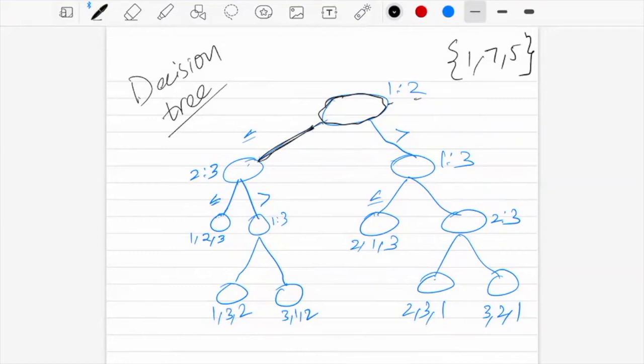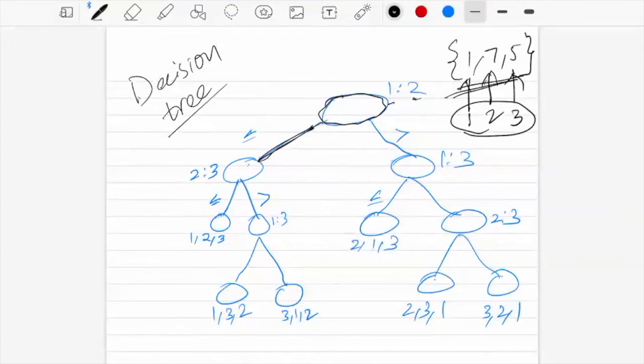For example, I have taken an example array 1, 7, 5. I'll take these as index 1, index 2, and index 3, which I have labeled here as 1, 2, 3; everything I'm referring to are the indexes.